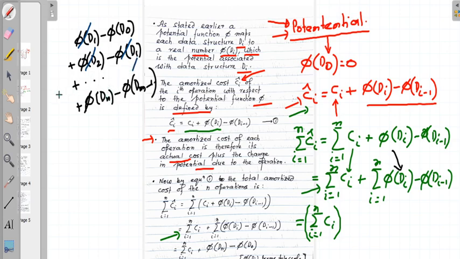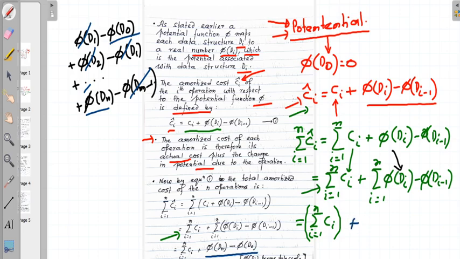And likewise all the terms will be cancelled: this phi of d_{n-1} will be cancelled out somewhere down here. So every term is getting cancelled out except this phi of d_n and this phi of d_0, which is preceded by a minus sign.